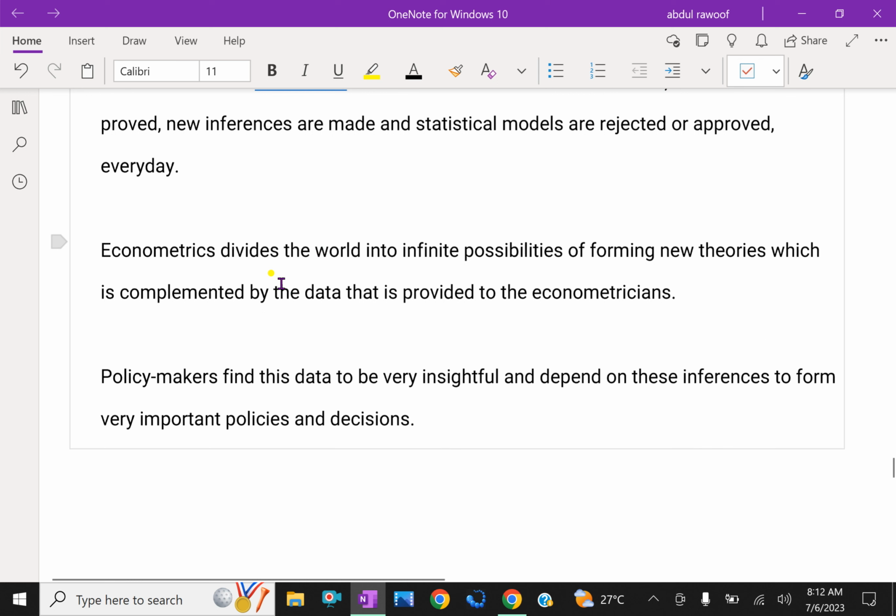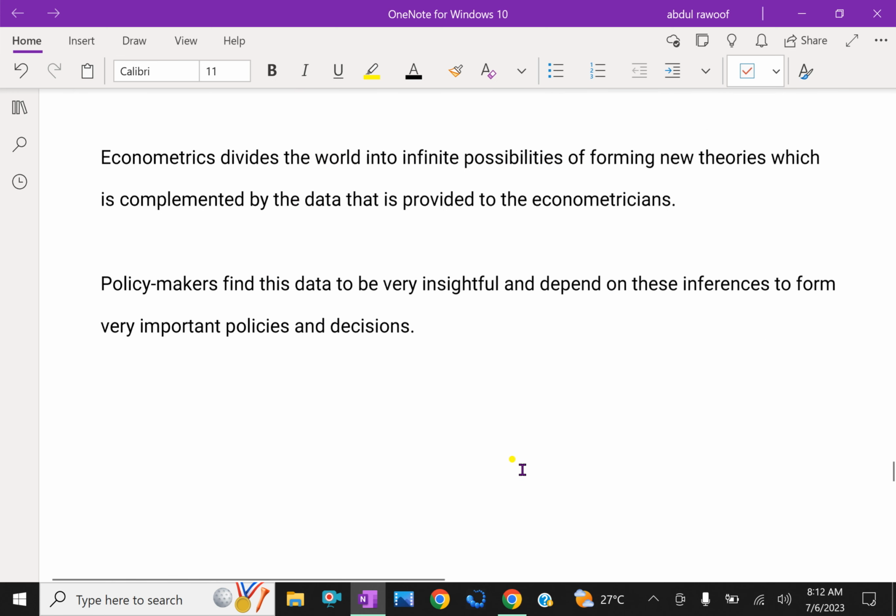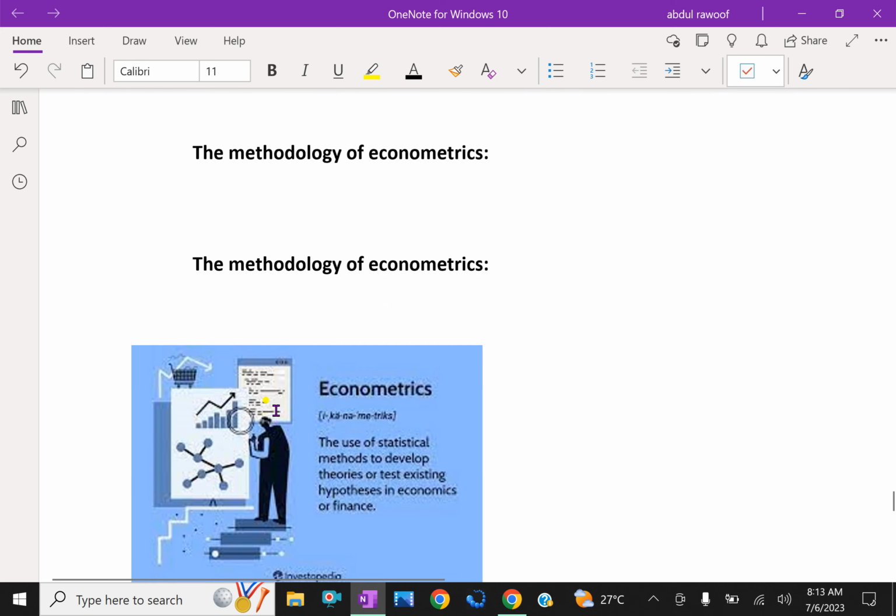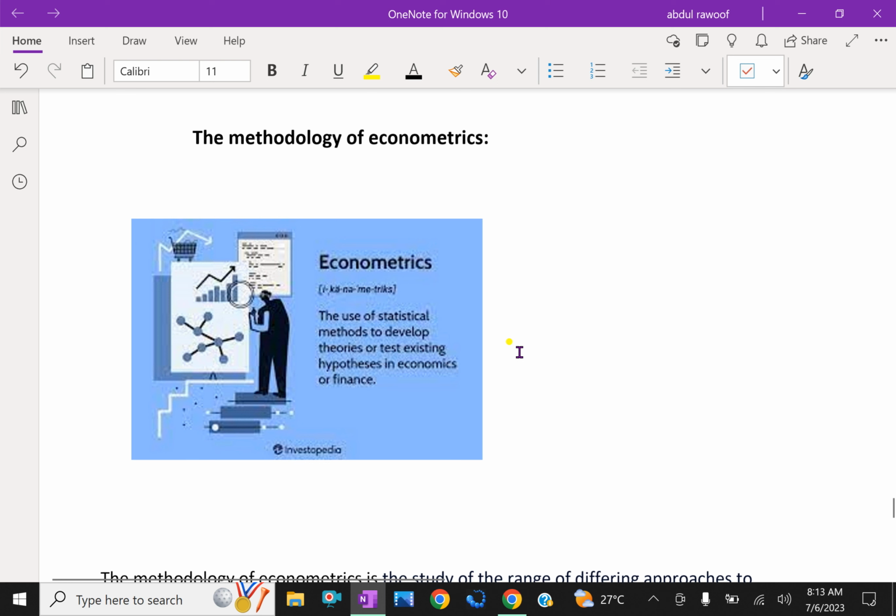Econometrics divides the world into infinite possibilities of forming new theories, which is complemented by the data that is provided to the econometricians. Policymakers find this data to be very insightful and depend on this inference to form very important policies and decisions. Now, let us discuss the methodology of econometrics.